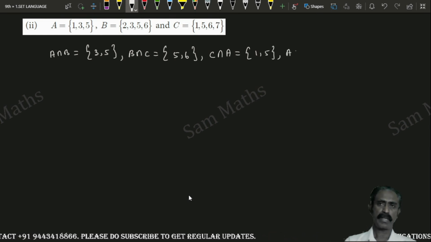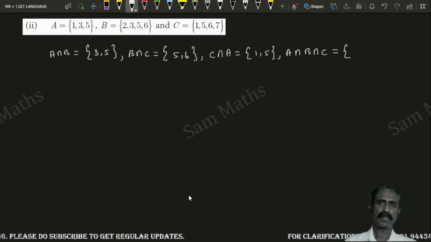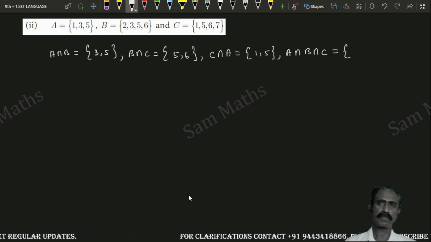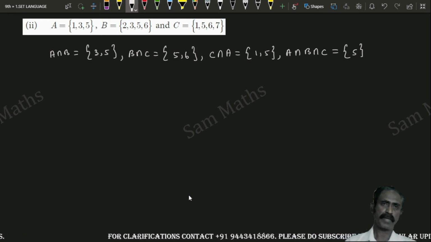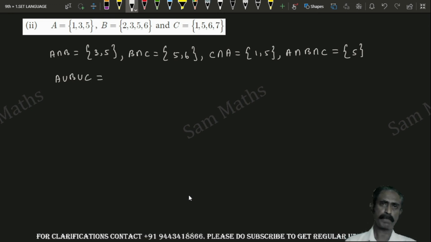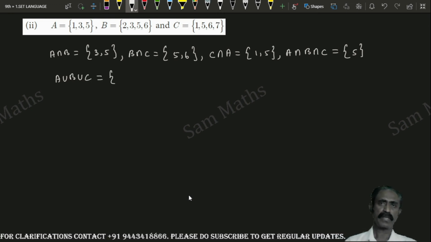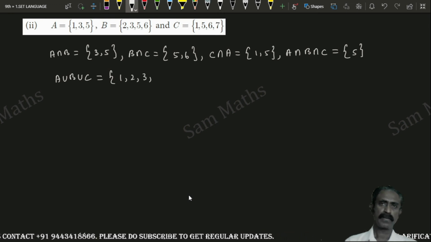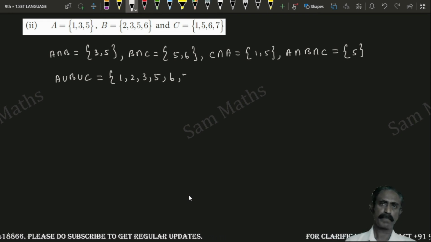Then A intersection B intersection C, common for all the three, which is only 5. Also you find A union B union C. So we are getting it's 1, 2, 3, 5, 6, 7.